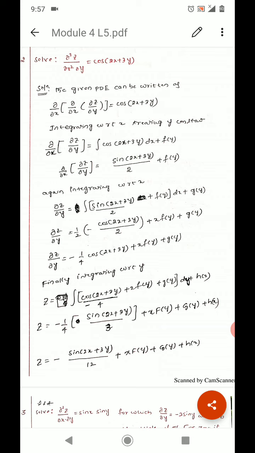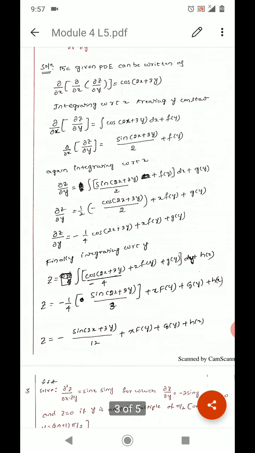So that will become z is equal to minus 1 by 4 into integration of cos is sin, so sin of 2x plus 3y divided by, since here we are integrating with respect to y, so differentiation of 3y becomes 3, differentiation of 2x is 0.